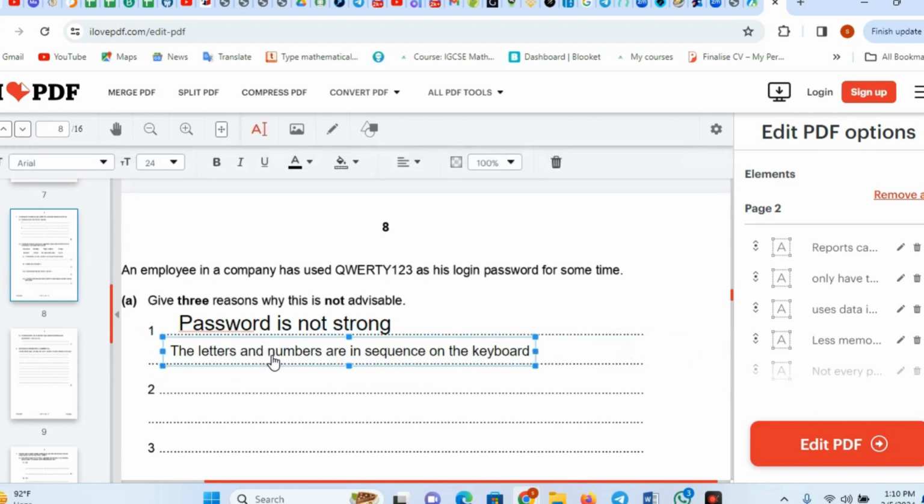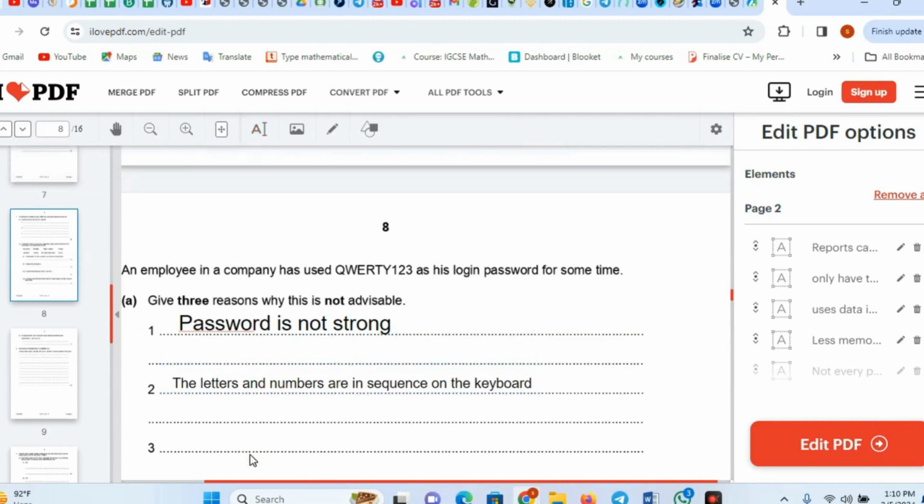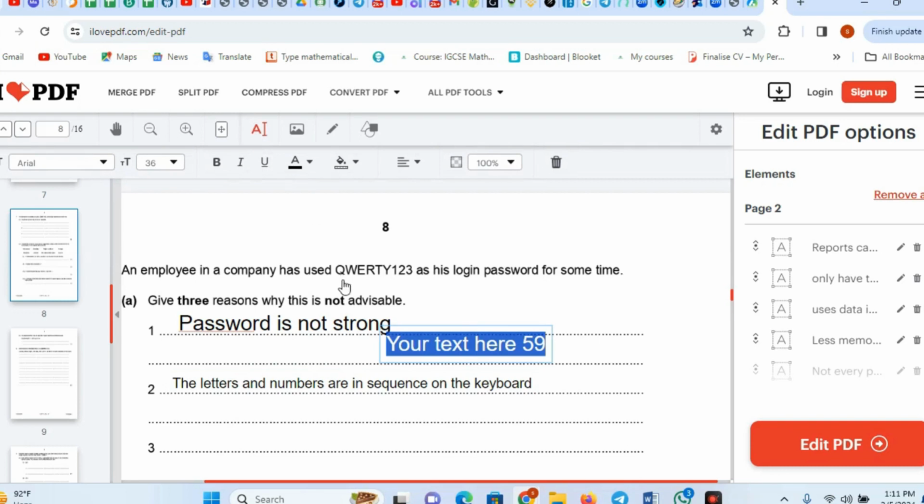The last but not the least, which is number 3, is that what? It should be changed regularly to secure its login. That if you decide to continue with that, it should be changed regularly. To do what?